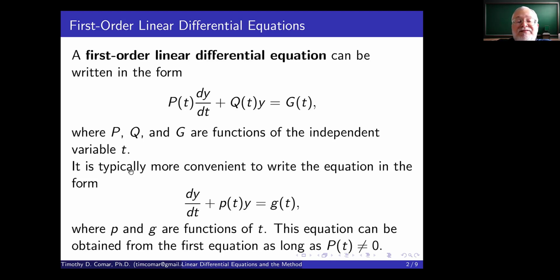It is typically convenient to write the equation in this nice form over here, where the coefficient of the derivative of y is just 1, where again p and g are functions of t. And of course, this equation can be obtained from the top equation by dividing through by P of t, as long as P of t is not equal to 0.